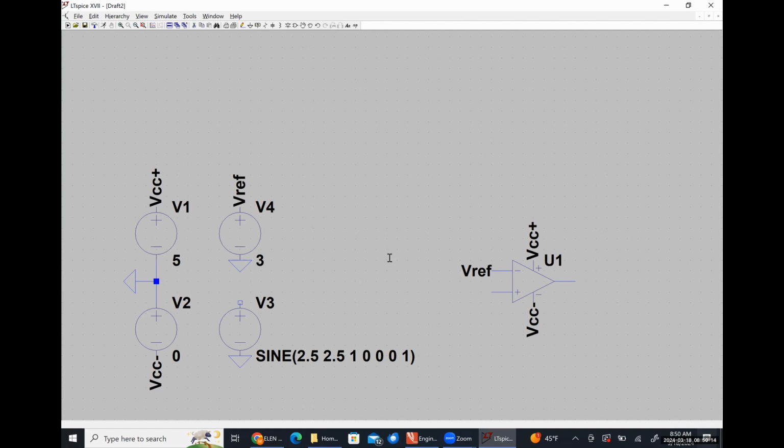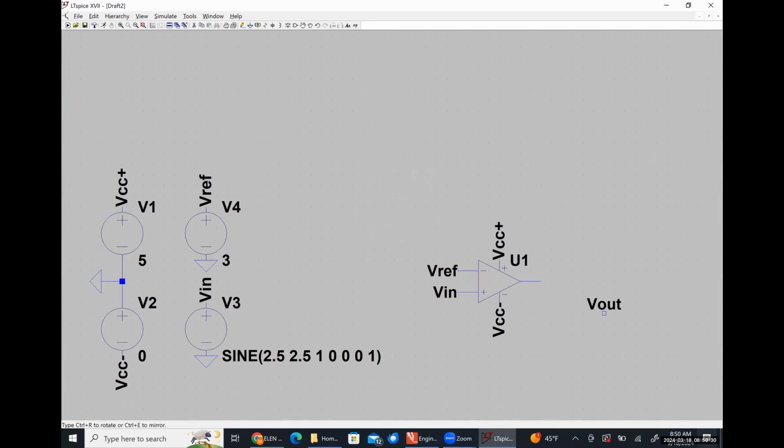And then lastly, let's do an input voltage label. So VIN will be here and also here, and we'll put Vout over here.